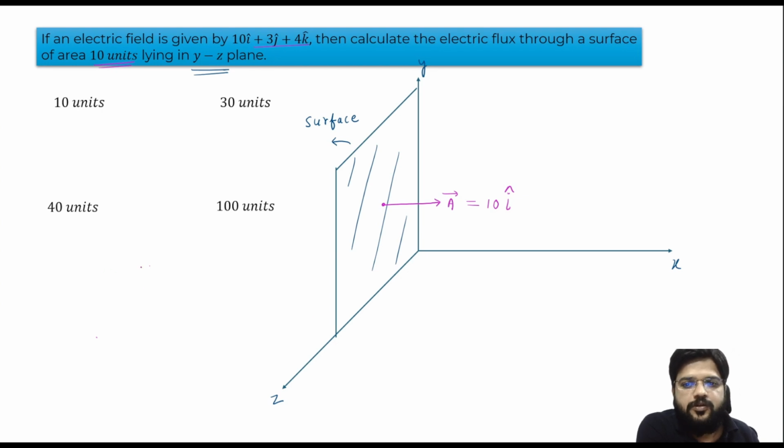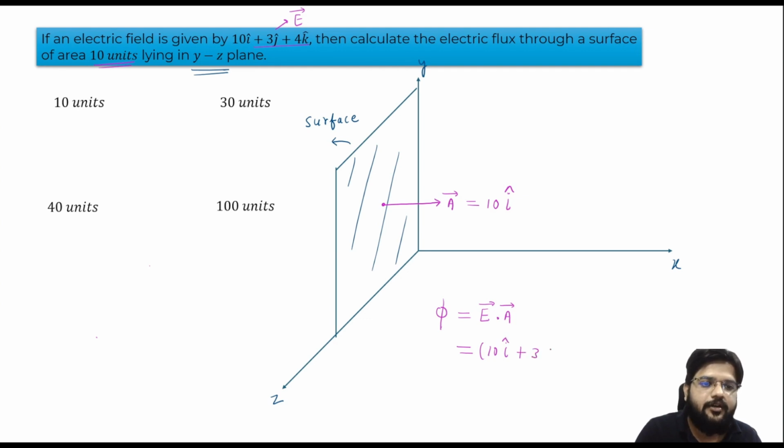We have the electric field and the area vector, so the flux can be written as E dot A. The value of E is 10i plus 3j plus 4k cap, dot the area vector, which is 10i.